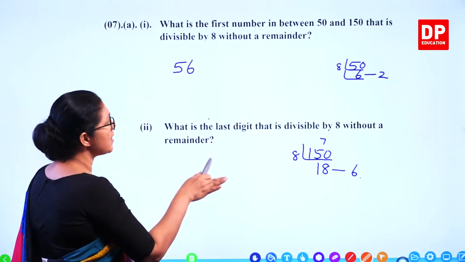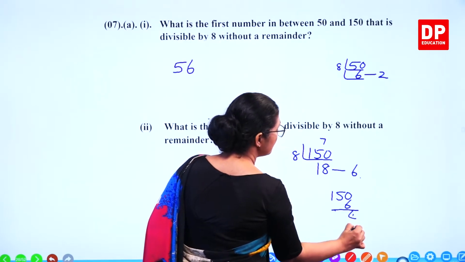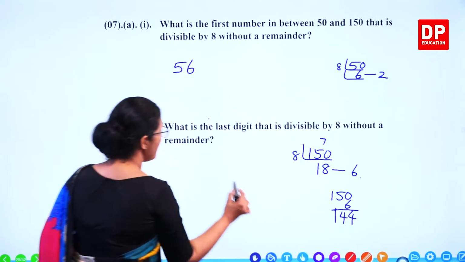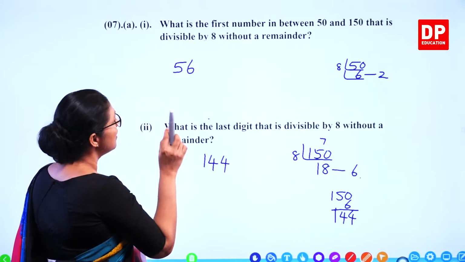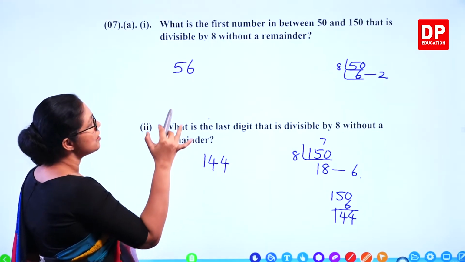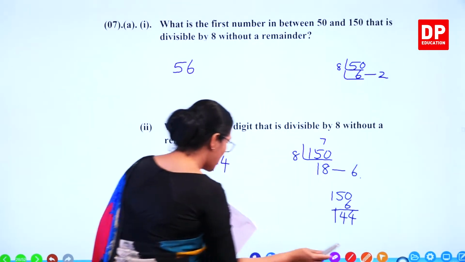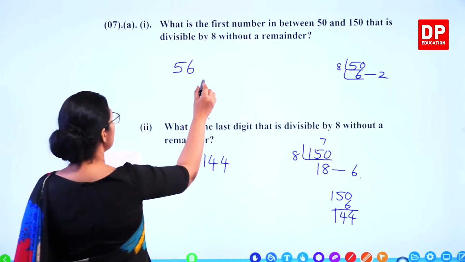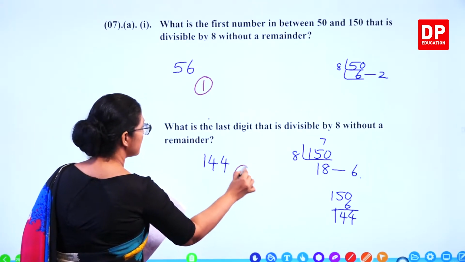So you have to subtract 6 from 150. 144 is the number divisible by 8. That's the last number before 150. So let's see how many marks for that one. You are getting 56, 1 mark. 144, 1 mark.